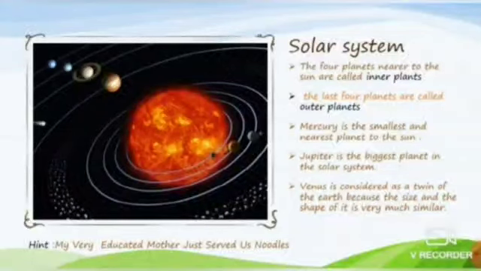First letter of us is U. U means Uranus. And the last word is noodles. What is the first letter of noodles? You are right. Yes, it is N. N means Neptune.